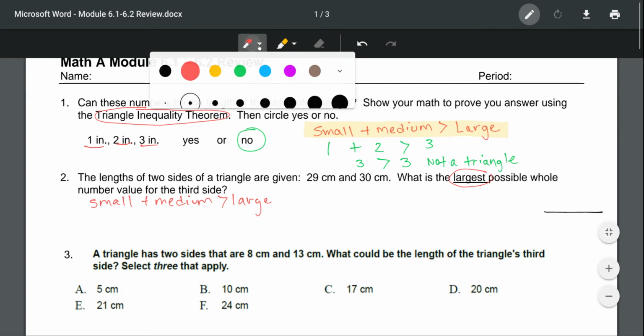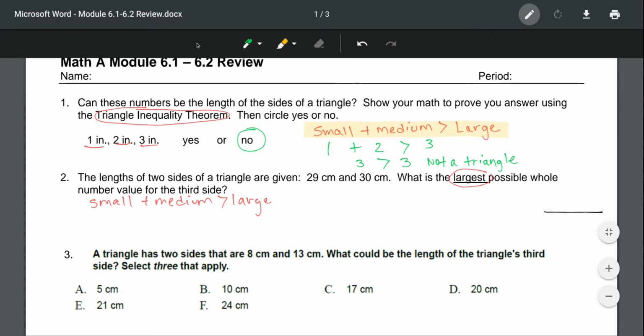Since I'm trying to find the largest side, I'm going to let x equal the large side. Then when I plug the values into my inequality, the small side would be 29, the medium side would be 30. So the sum of 29 plus 30 has to be greater than the largest side, which is x.